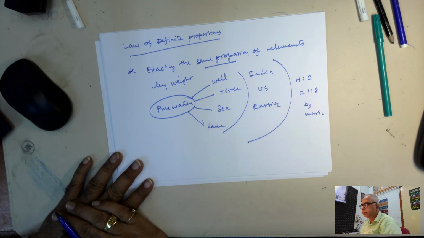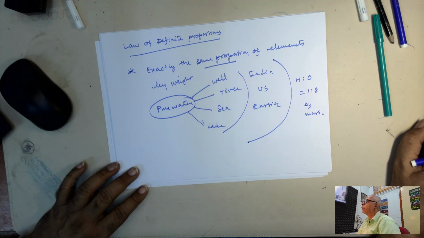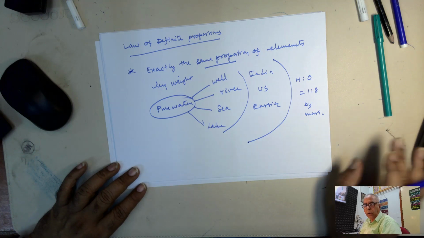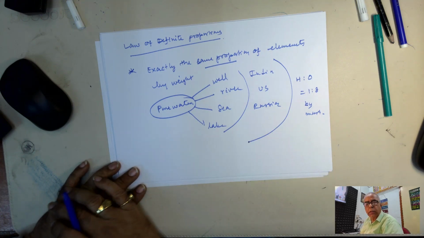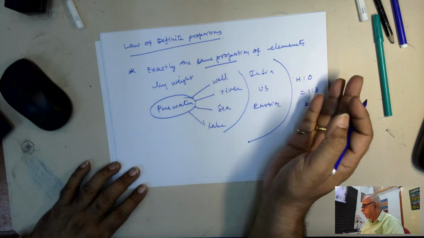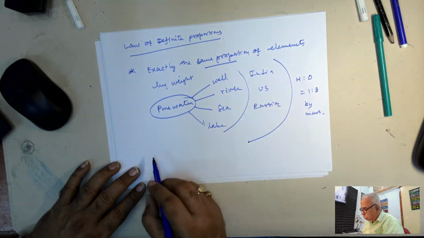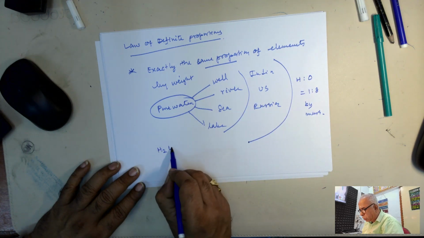I'll explain, because you have to take it as an element. For example, two hydrogen. So actually this is H2O, right?